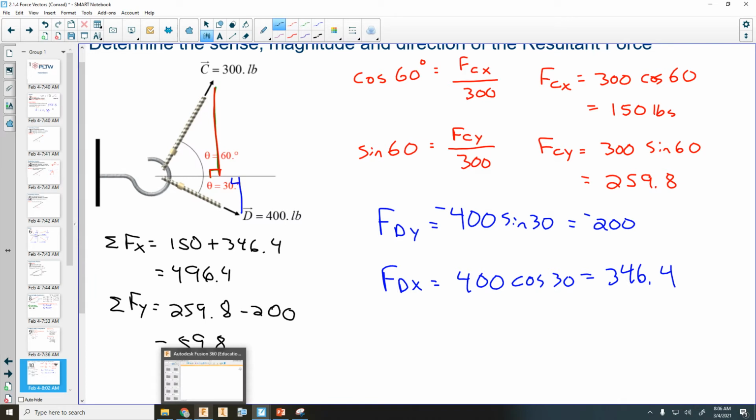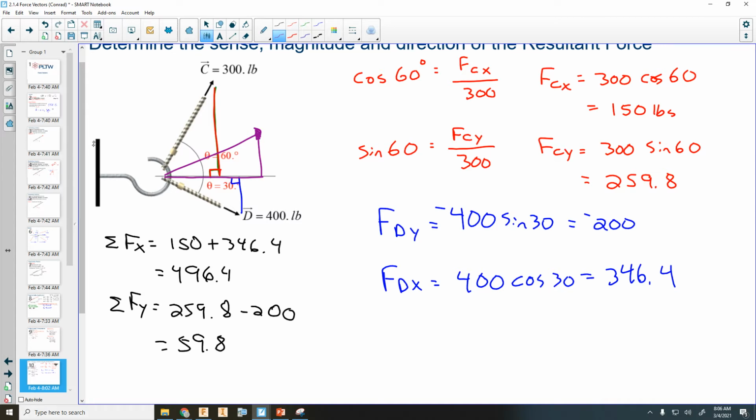Okay. So then what we need to do is sketch the resultant vector. So our result, we're going 496.4 to the right. We're going up 59.8. And this would be our resultant vector then. Okay? So something like that.